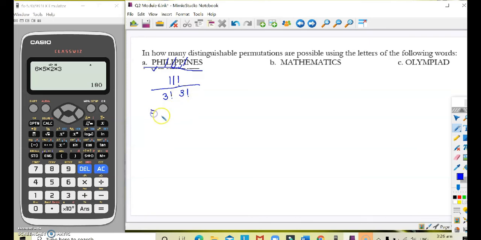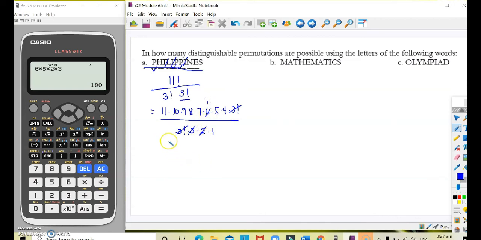So we have to express 11 factorial as 3 factorial. So we have 11 times 10 times 9 times 8 times 7, 6, 5, 4, 3 factorial over 3 factorial, on which the other 3 factorial we have to expand as 3 times 2 times 1. We can cancel 3 factorial. We can cancel 3 and 2 as 6, because 3 times 2 is 6.